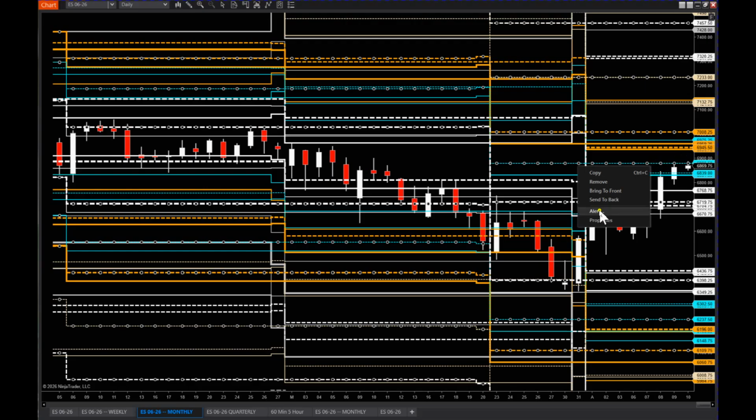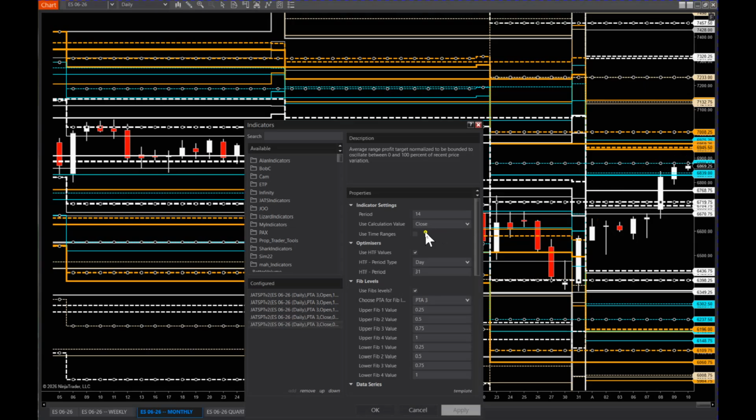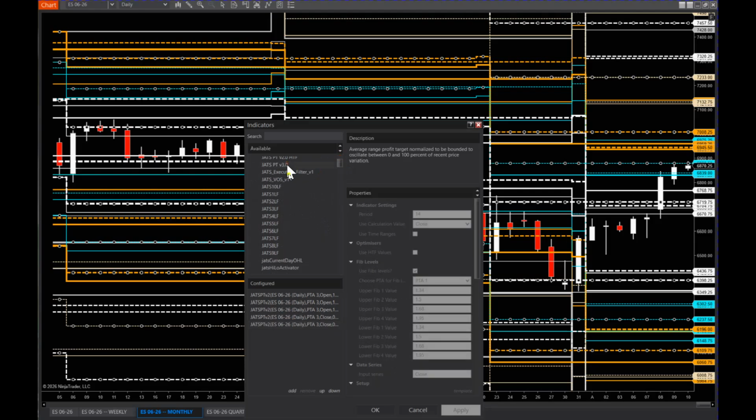And this is the part where we can go right in to show you what the Jats PT is now that you've got it installed on your desktop. You just open your Jats indicator folder, find the indicator that you're going to use. There's a few of them, but you find the PT V3.